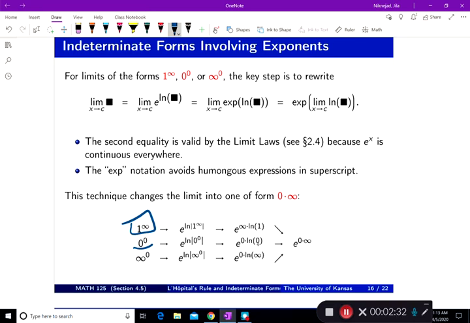The 0 comes down, natural log of 0, and again it's 0 times infinity. Infinity to 0, again the same story, the 0 comes down, and you get e to the power 0 times infinity. So we're just doing a little calculation with the forms, not calculating numbers here.